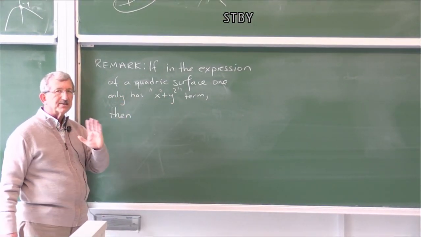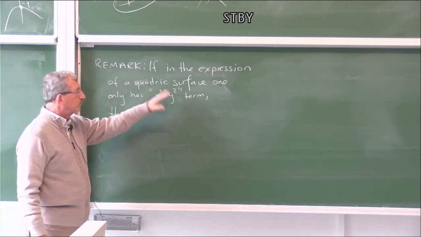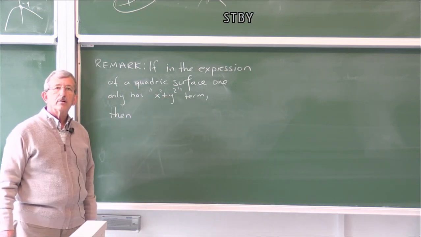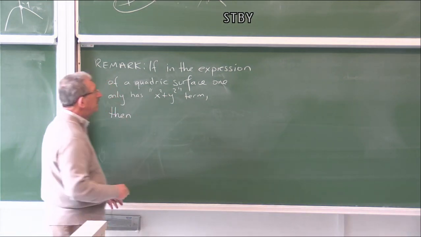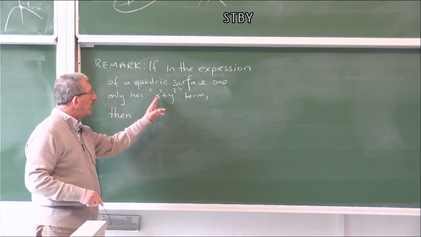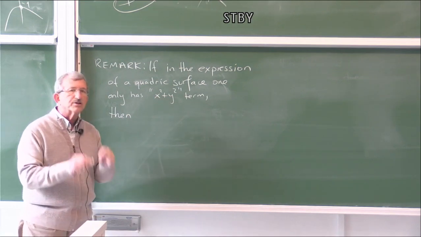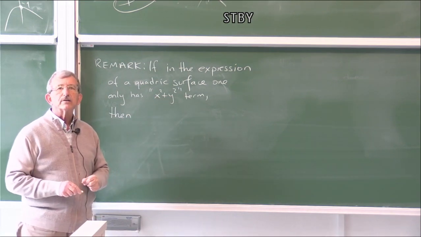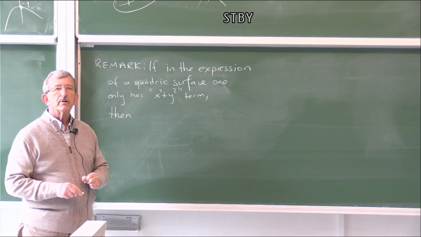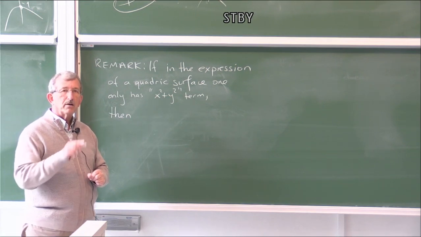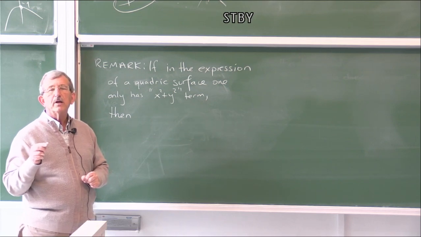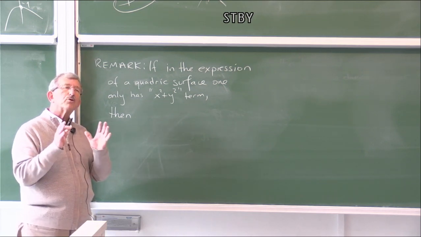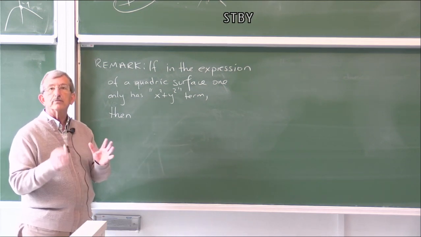The distance from the z-axis is root x squared plus y squared. So at any point where x squared plus y squared is constant, the z values are the same. In other words, on circles, the z values are the same. So the surface is obtained by a rotation.